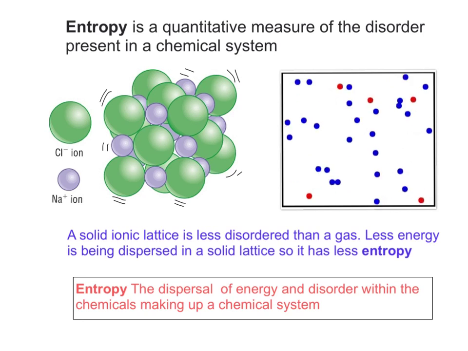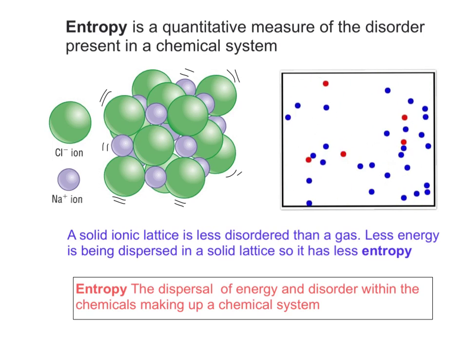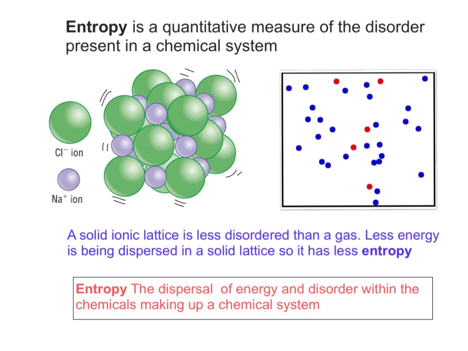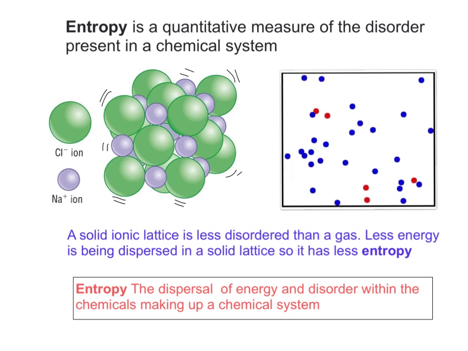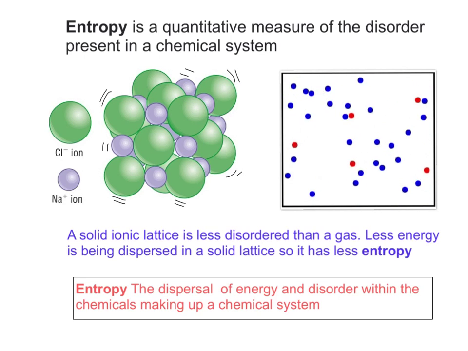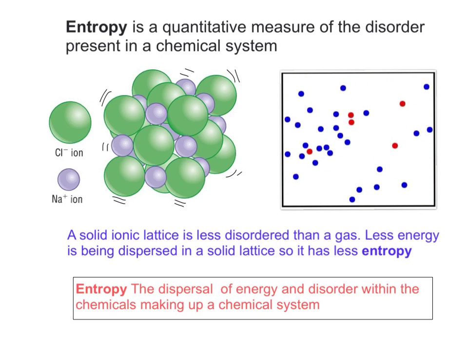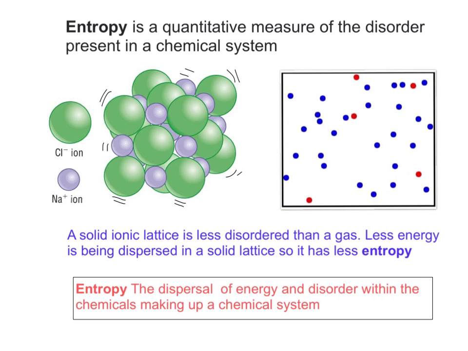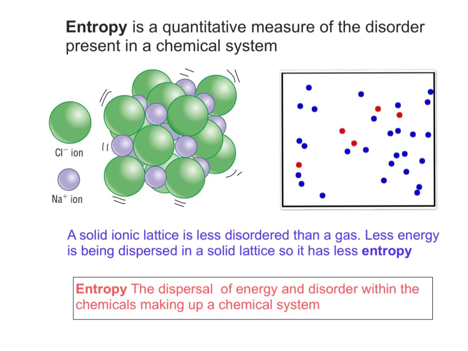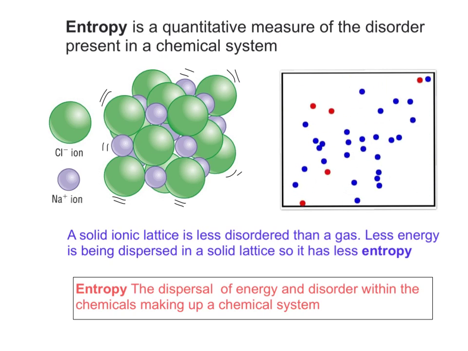If you compare that with a gas on the right hand side, there's random disorder throughout the gas. So therefore a solid ionic lattice is said to be less disordered than a gas, so there's less energy being dispersed around in a solid lattice, so it has a lower amount of entropy. So entropy is essentially the dispersal of energy and disorder within the chemicals that actually make up a chemical system.